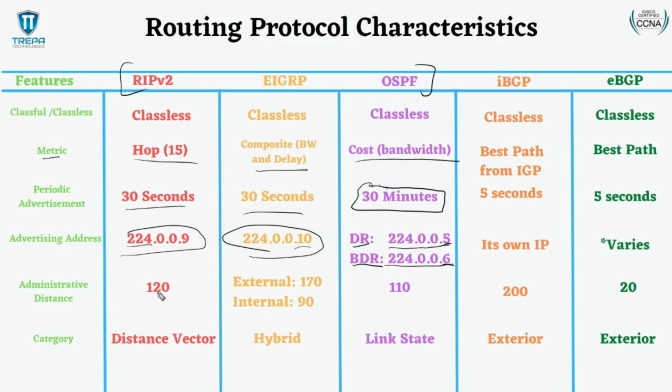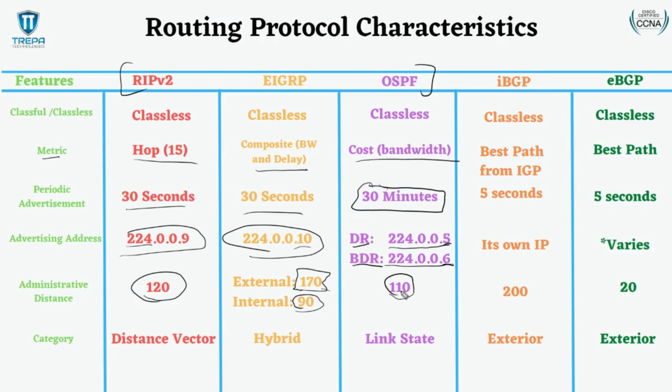And then we have administrative distances, which you have to memorize. RIP is the worst one out of all of our IGP protocols here, at 120. EIGRP, we have two here. And we're not going to get into what an external route is, but that's when EIGRP is redistributing from other routing protocols. Its administrative distance is 170. Its internal or just regular administrative distance is 90.